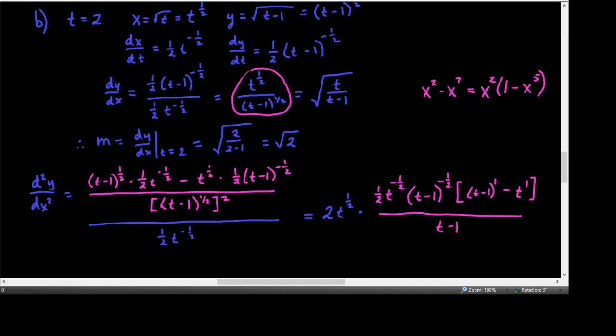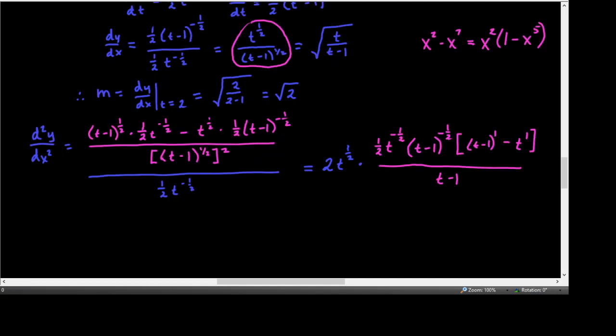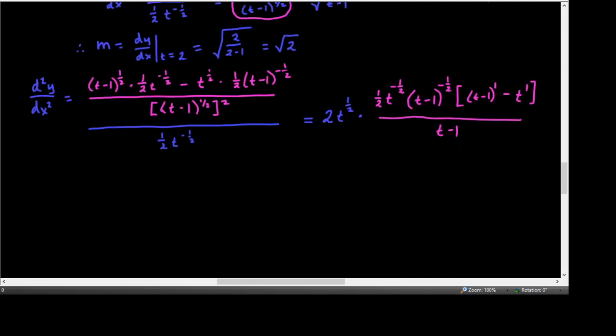All right. So if you multiply 2 times 1/2, you'll get 1. If you multiply t to the 1/2 by t to the negative 1/2, you'll get 1 because you add the exponents. So it'll be t to the 0, which is 1.